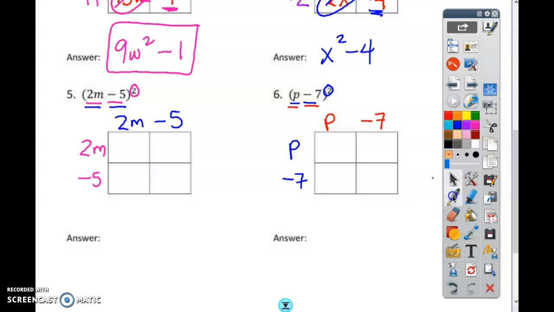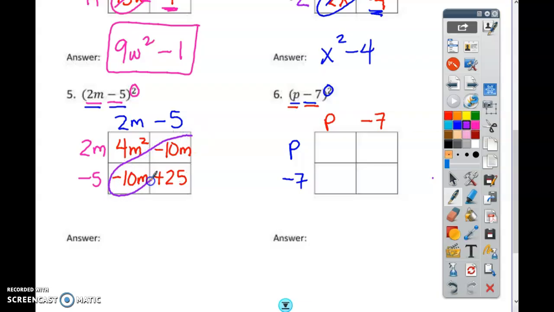Okay, you should have paused the video to work these problems out. Let's see if you got the same thing I got. 2 times 2 is 4. M times M is m squared. 2 times negative 5 is negative 10. And then I have 1m. Negative 5 times 2 is negative 10. Here's an m, bring it down. And then negative 5 times negative 5 is a positive 25.